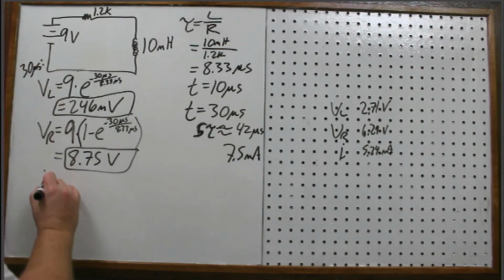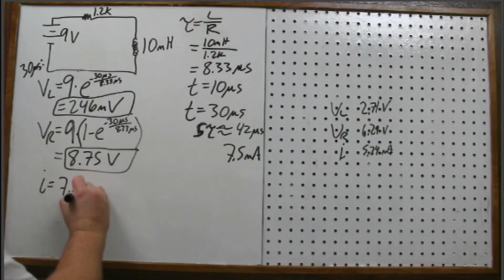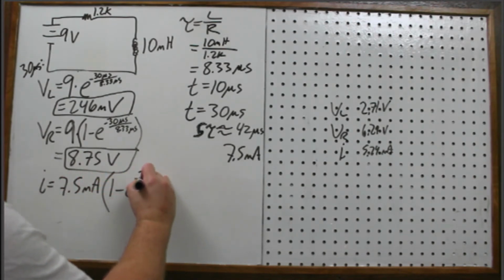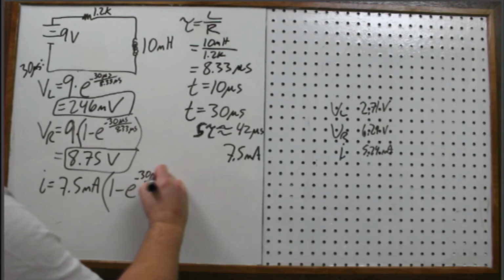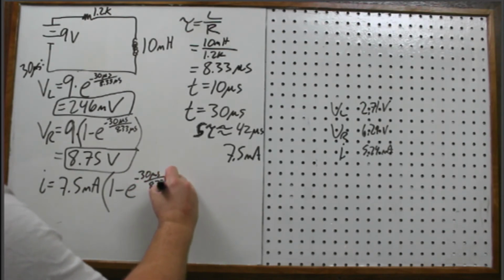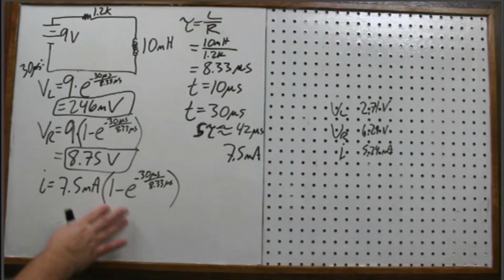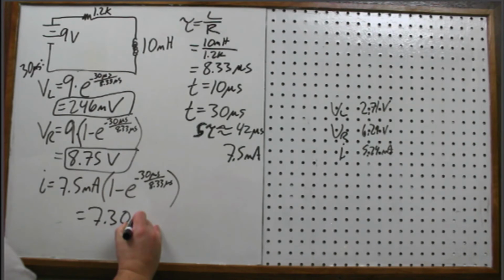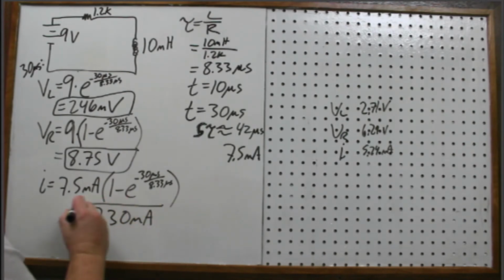Okay, so the I in this case, 7.5 milliamps times 1 minus e to the negative 30 micro over 8.33 micro. And we're at, we'll call it 7.30 milliamps.